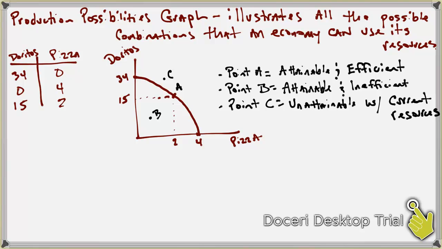When we have more resources, more land, labor, capital, now all of a sudden that curve can shift outward. If we lose resources, that curve would shift inward. And you'll see a couple of examples of that in your homework in the reinforcement questions. So that's just something to keep in mind as you're going through that homework.